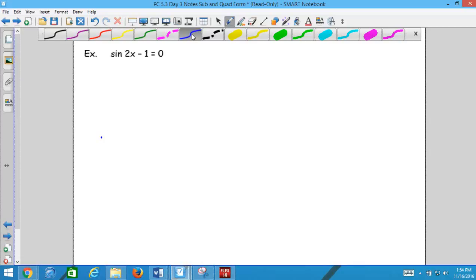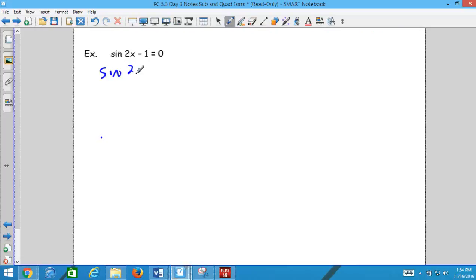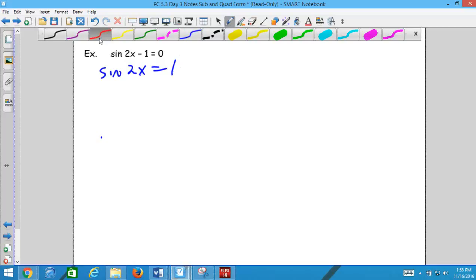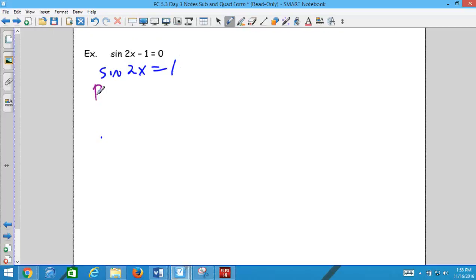First thing you want to do is just solve it normally. Just solve it like it was sine x, not sine 2x. Let's figure out what it would normally look like. Okay, it's not sine x equals 1, it's sine 2x equals 1.